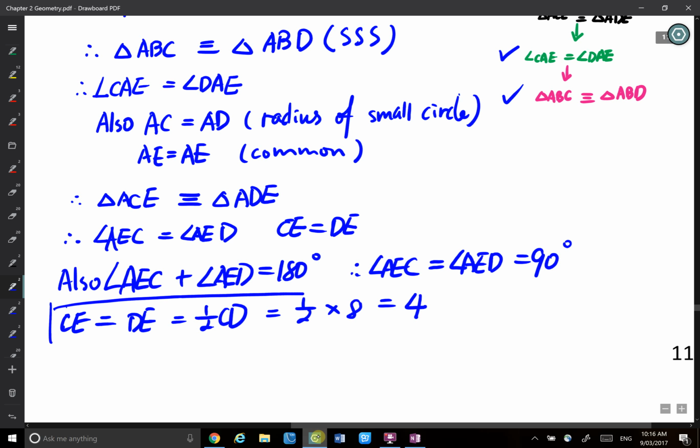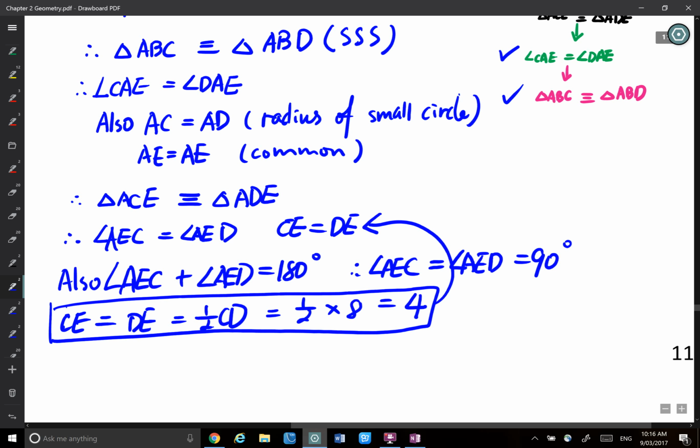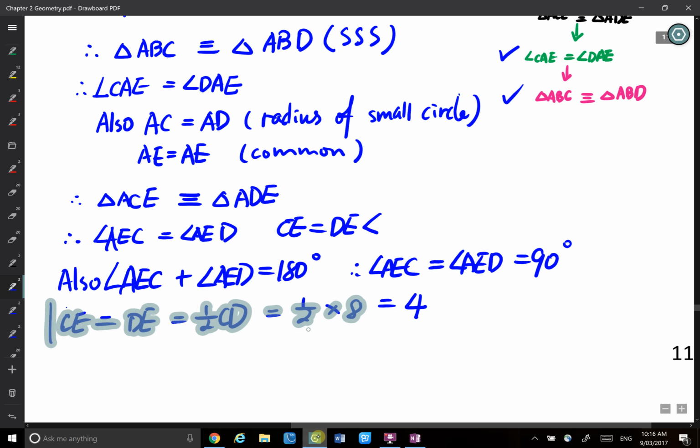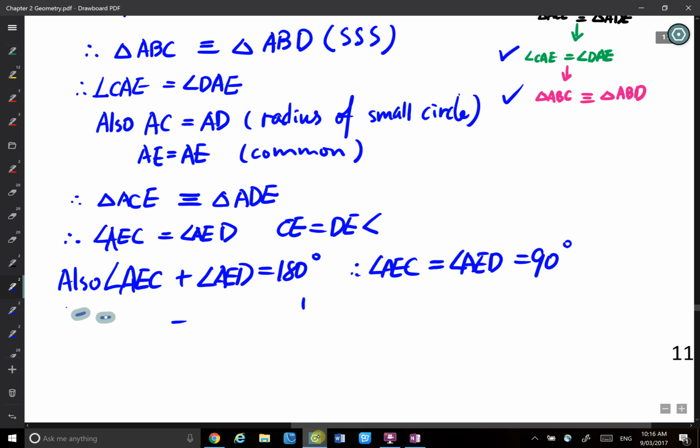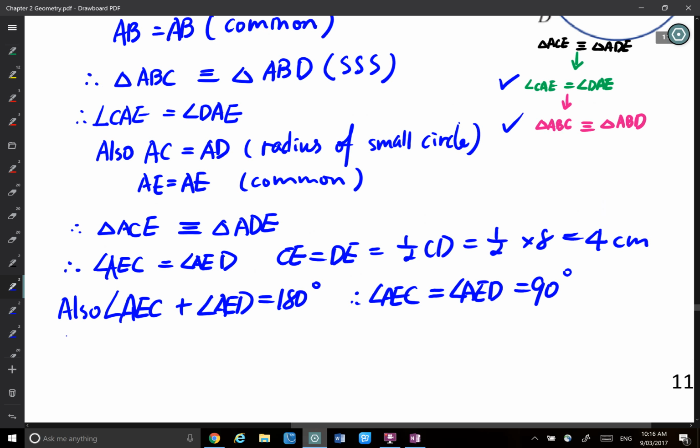Let's put this line up to here. It doesn't really matter where to write it, we just want to save some space. So that's 4 centimeters, and angle AEC equals angle AED, which is 90 degrees.